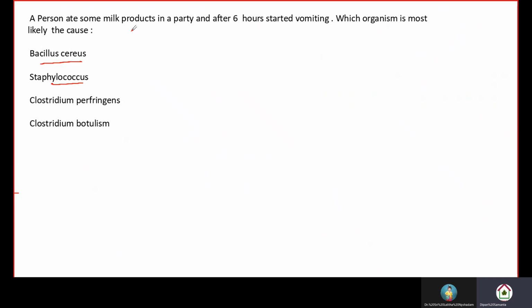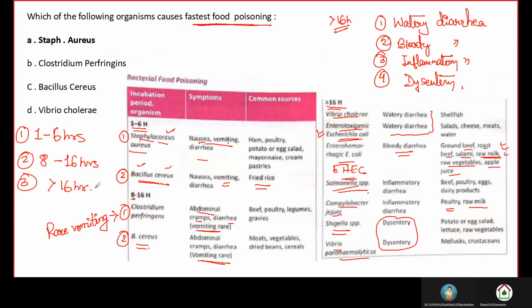Now this is the problem. A person ate some milk products. Bacillus cereus is only fried rice if it is 1 to 6 hours.